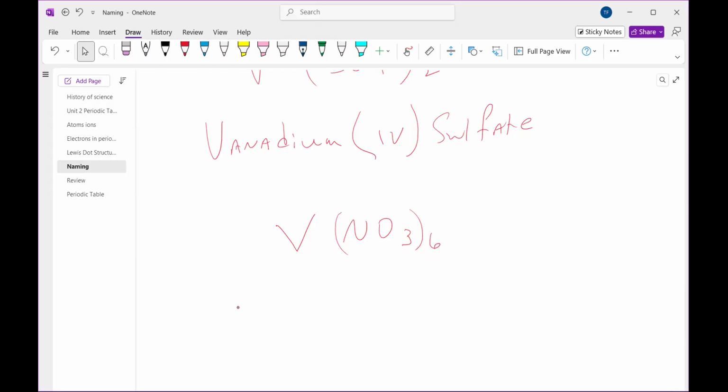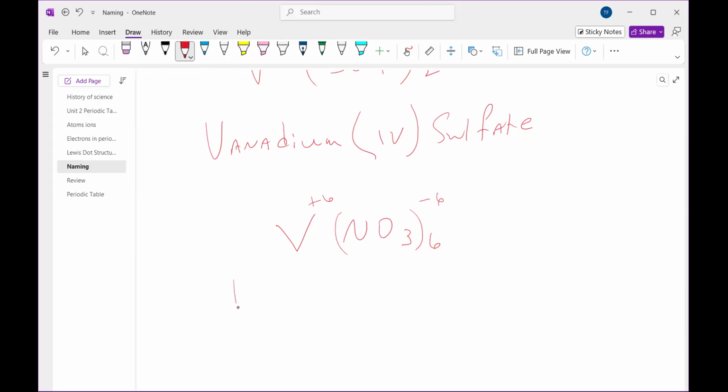And how many of them do we have? 6. So that means this is a -6. So what must the charge on the vanadium be? +6. Look on your chart. Is there a +6 there? That's because it's an uncommon ion.